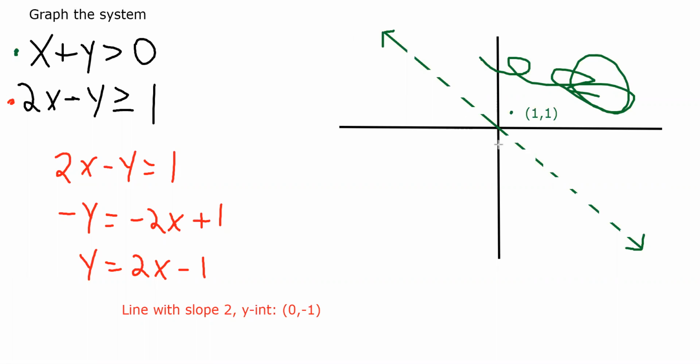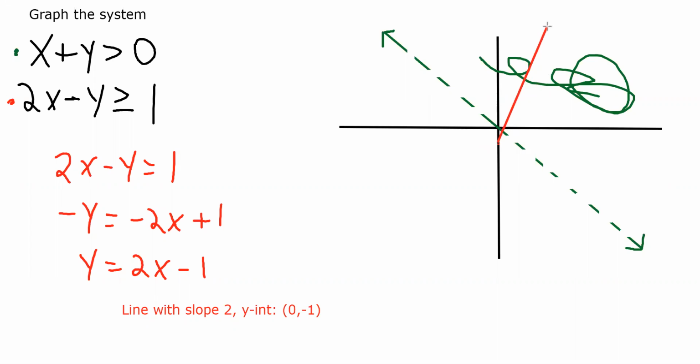So we're going to come down here to 0, -1, and then we're going to have a line with a slope of 2. Real quick, I'm going to erase this old test point because it doesn't matter anymore. So it's going to cross through 0, -1 and have a slope of 2.